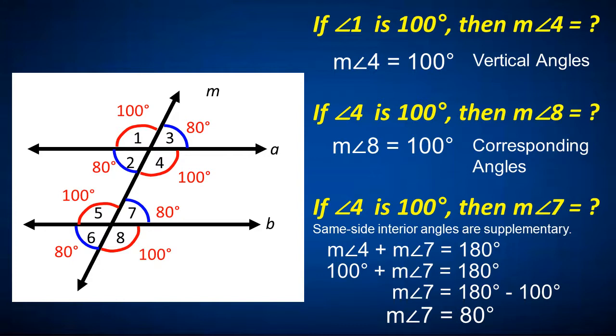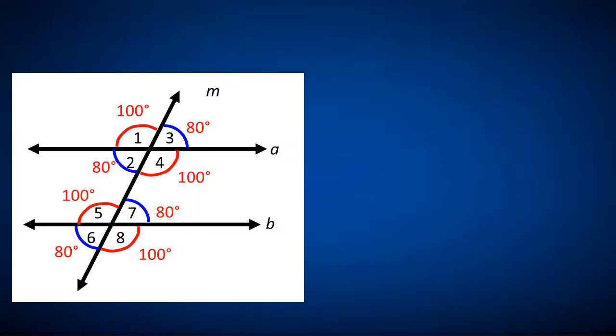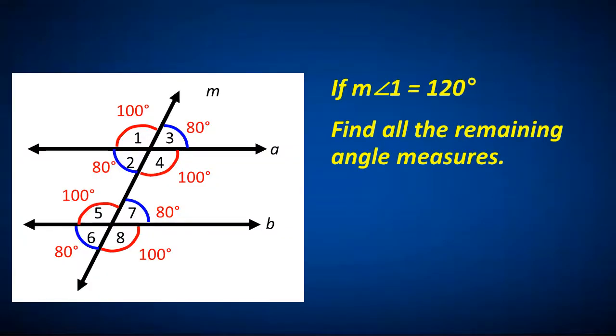So, that is the process in solving the measure of the angles formed when parallel lines are cut by a transversal. Again, this is applicable if the given is like this: if we have one given, for example, and all you have to do is find all the remaining angle measures.